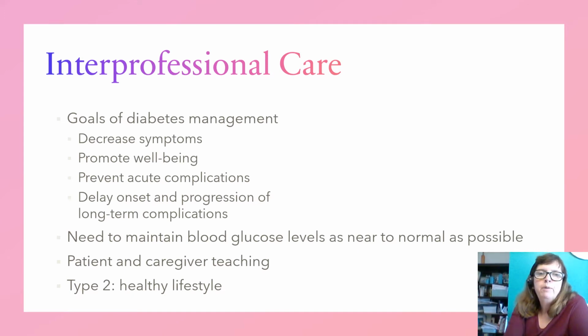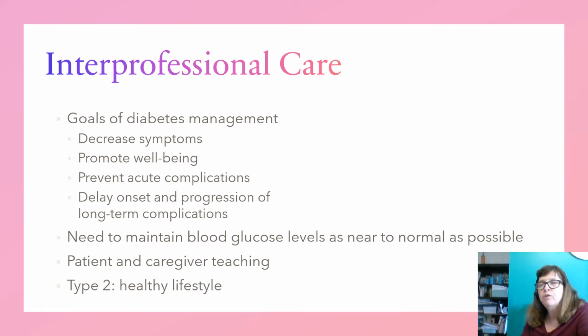So the goals of diabetes management are to decrease the symptoms, promote well-being, prevent acute complications, and delay onset and progression of long-term complications. They need to maintain a blood glucose level as near to normal as possible. And remember that with our type 2 diabetics, sometimes that's a little higher than what we would think.